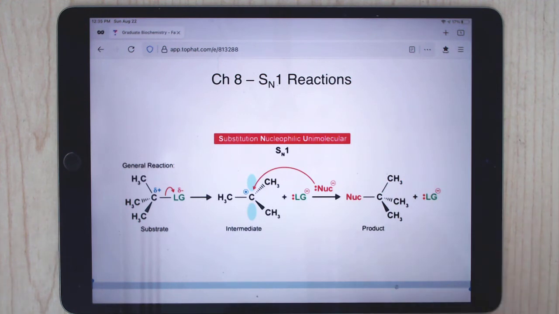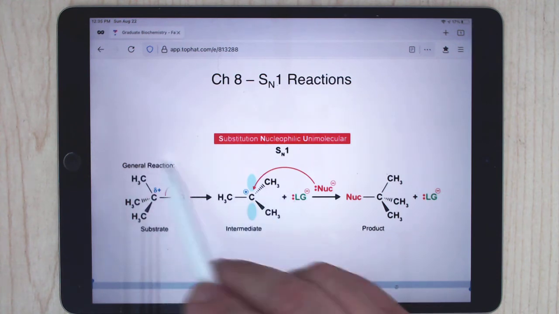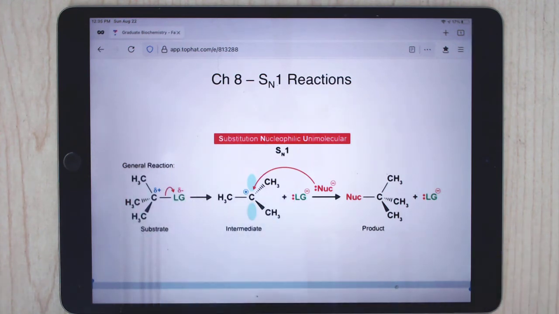But this one has two distinct steps. This first one is the rate determining step. It only has one molecule in it, so that's why it's considered unimolecular. But it still uses a nucleophile, it's still a substitution reaction, but the rate determining step only uses one of the two starting materials.